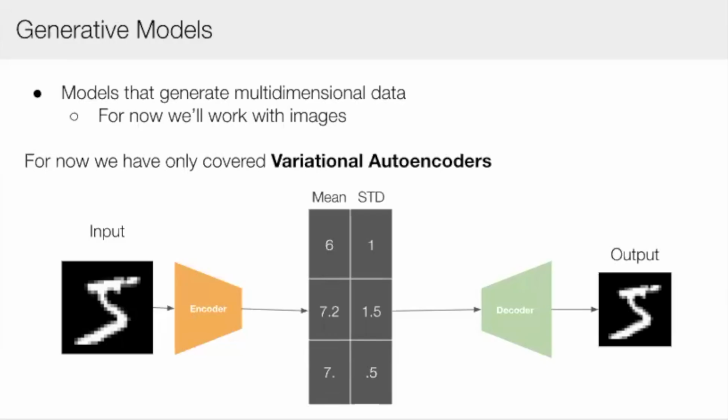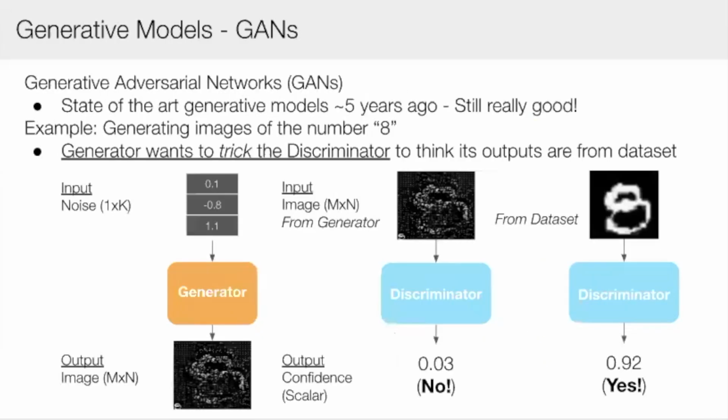For example, if I want to generate a new image of the number 5 that was not in my data set, I would pick the latent representation, this 2 by 3 vector, of a known number 5, throw it into the decoder and get a brand new image out, right? So we're going to be talking about a different way of generating new images, called GANs.